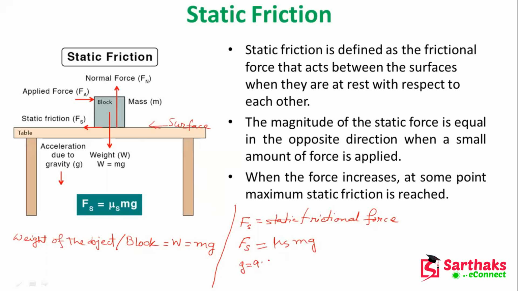Generally g is 9.8 meter per second square. Okay, and mass depends on the block, and mu s is the static frictional coefficient, and Fs is the static frictional force.